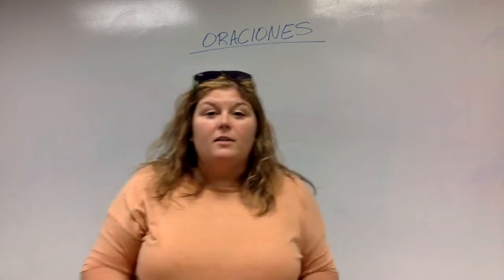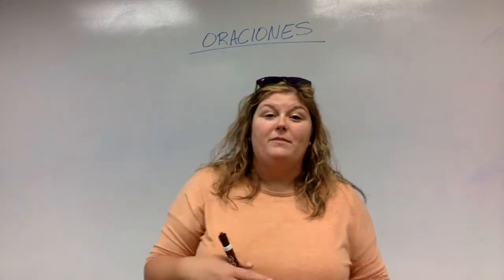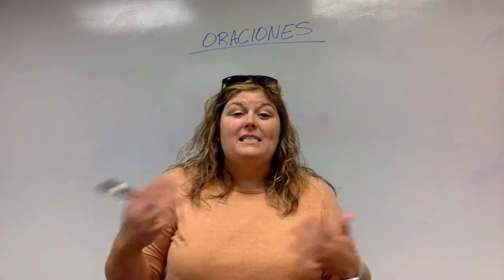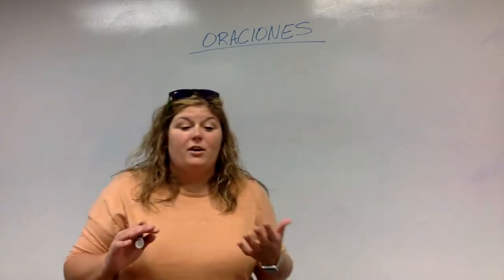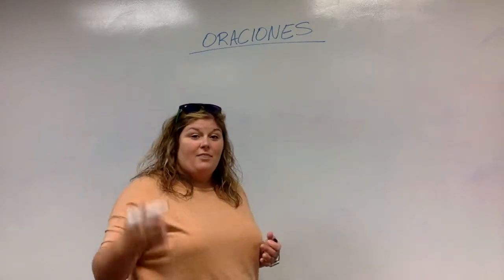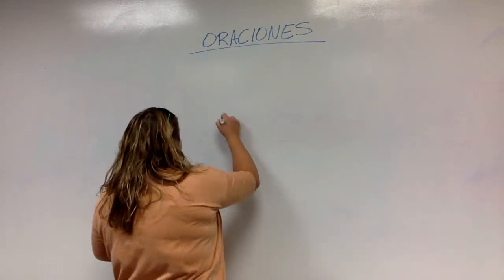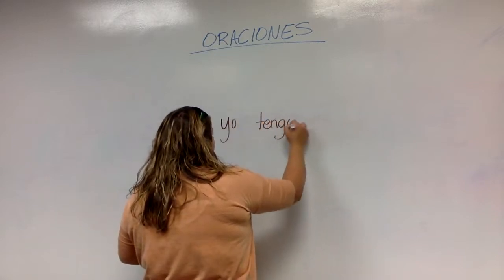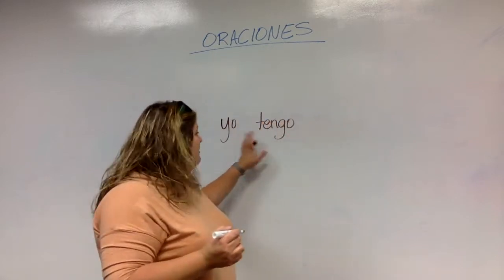Let's talk a little bit about adjectives. We spoke previously about how adjectives come after the noun. Let's take a look at how that looks in regards to sentence structure. So we said that we have subject and then verb. So let's say, yo tengo. So I have my subject and my verb.